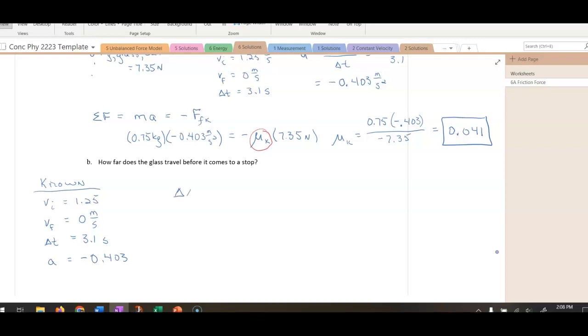So I'm going to use the fourth equation. The displacement is half the sum of the initial plus the final velocities multiplied by the time. And so it's going to slide 1.938 meters down the bar.